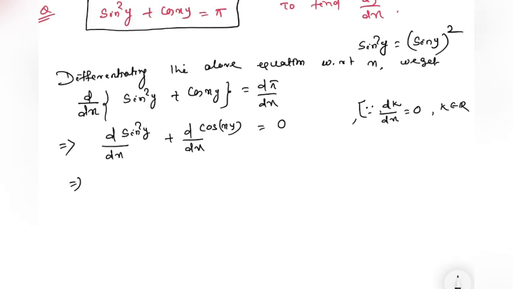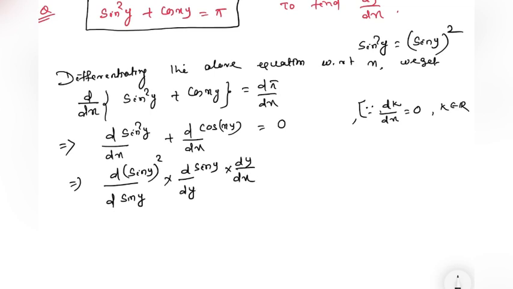Now, I have told you earlier what the meaning of sin square y is: the derivative of sin y whole square. This is given by applying the chain rule: first derivative with respect to sin y, then derivative of sin y with respect to y, into derivative of y with respect to x.